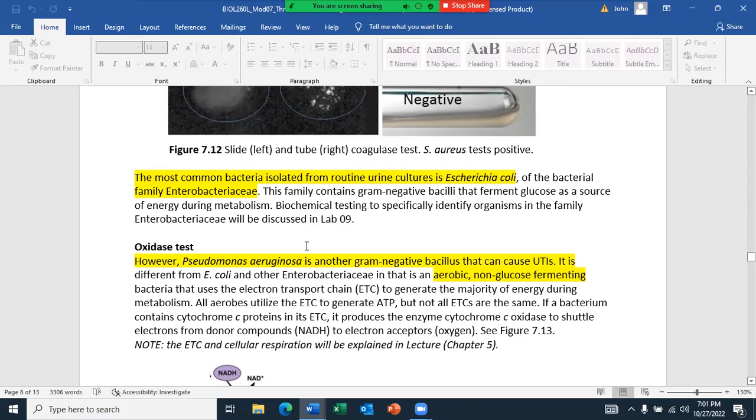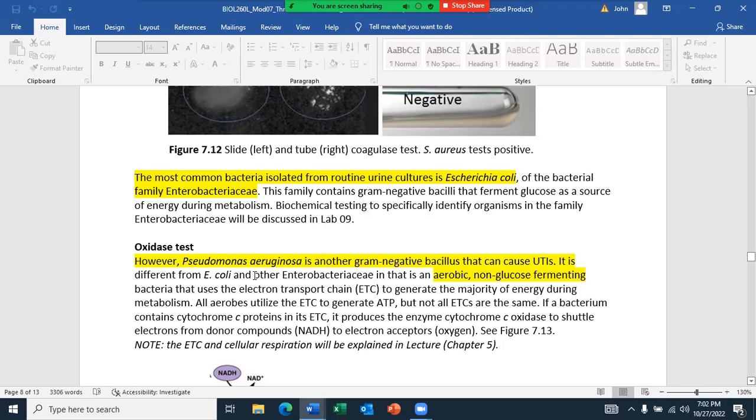Another way is to run the oxidase test, and the Enterobacteriaceae will be oxidase negative. Pseudomonas, especially Pseudomonas aeruginosa, I'm having trouble saying that now, is another gram-negative bacillus, but it doesn't ferment glucose, and it's an aerobe, while Enterobacteriaceae are facultative anaerobes.